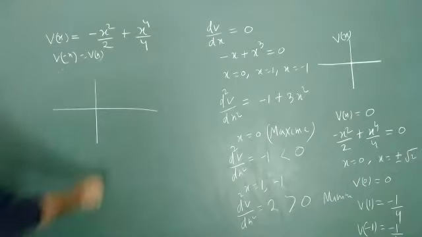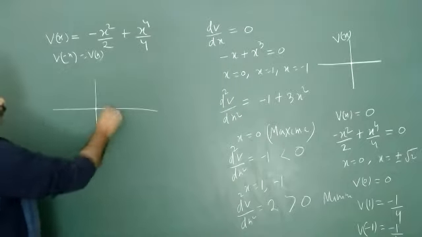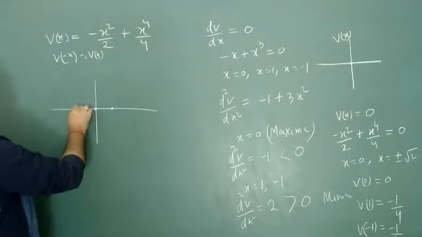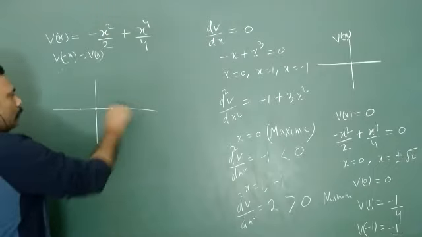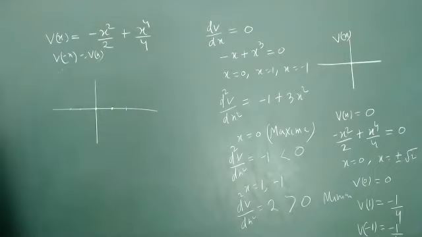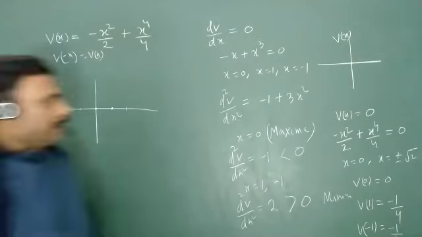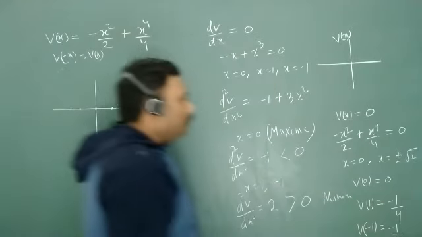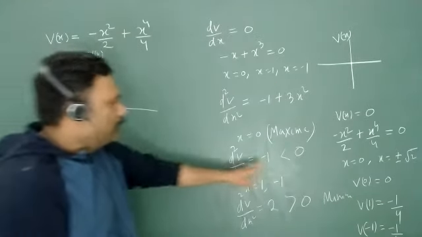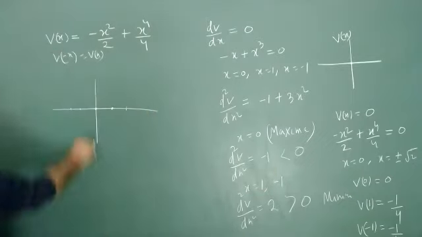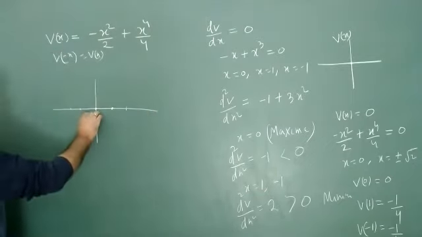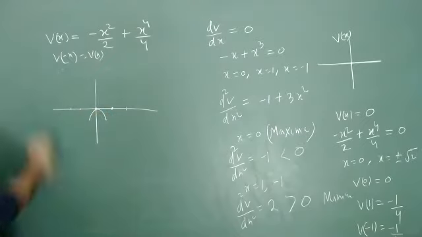The beautiful points are obviously 0, 1, minus 1, 1 by root 2, minus 1 by root 2. At x equal to 0, the potential is 0. This is a maxima, so obviously maxima means it is convex upward.